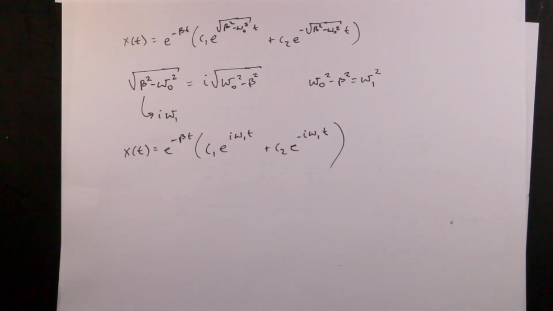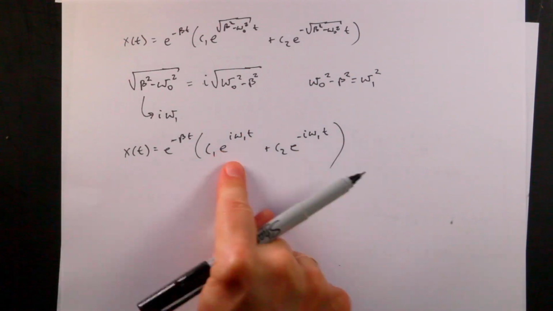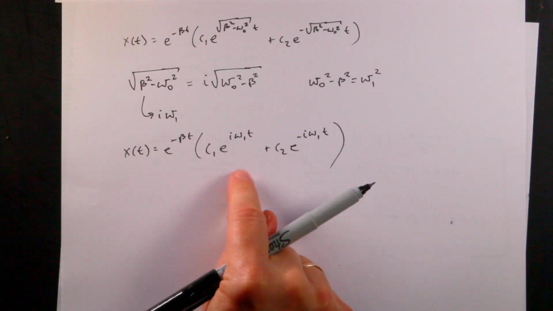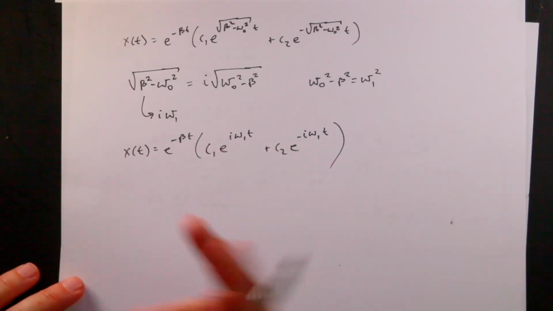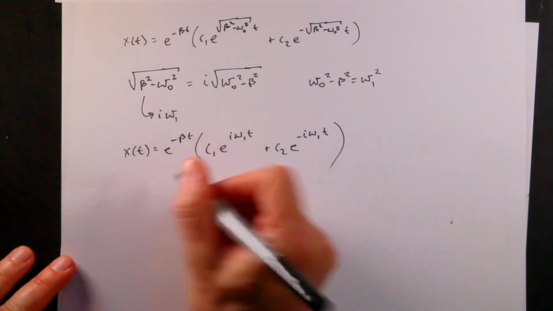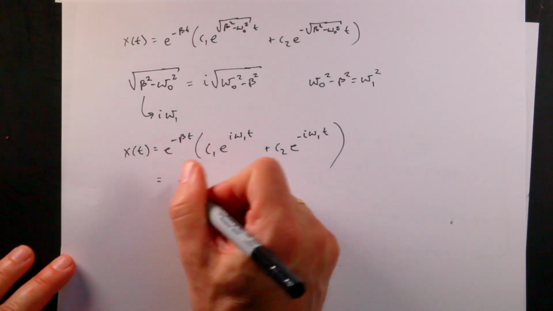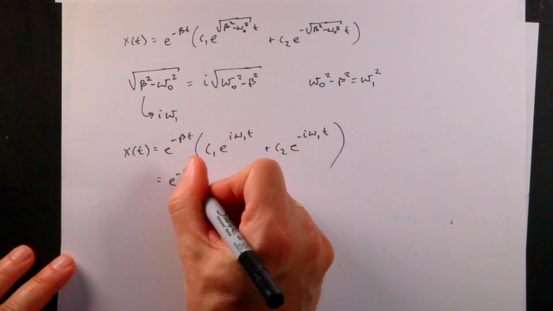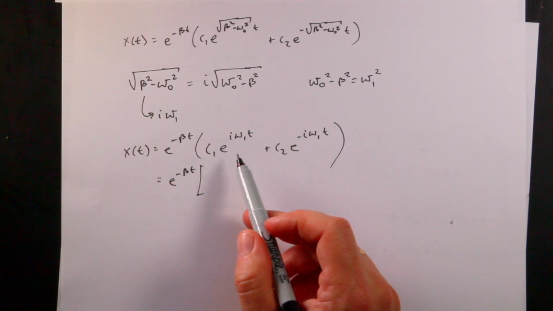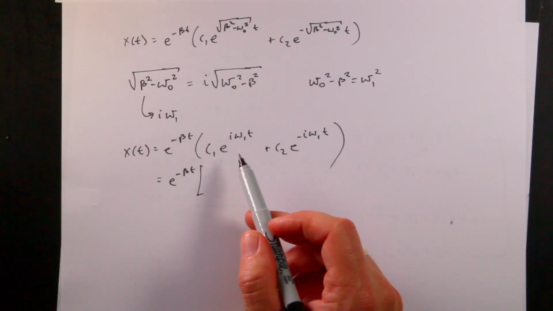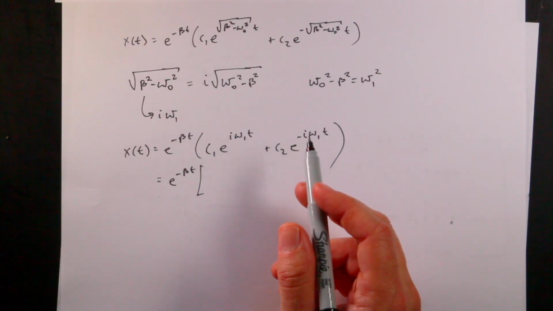Now, in my video on the solutions to the simple harmonic oscillator, we got this, and I showed that this was the same as this. All three solutions are the same. But I can rewrite this part as e to the negative beta t times a cosine omega t plus b sine omega t, which is what I'm going to do since I wrote that before.